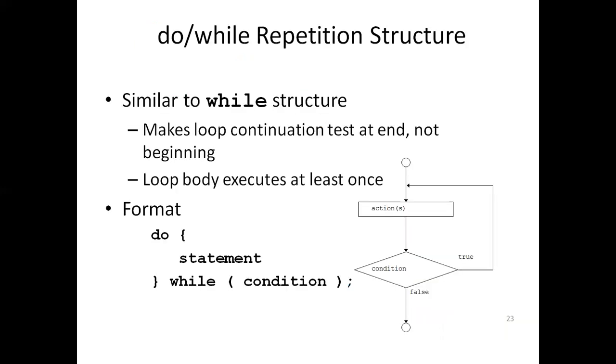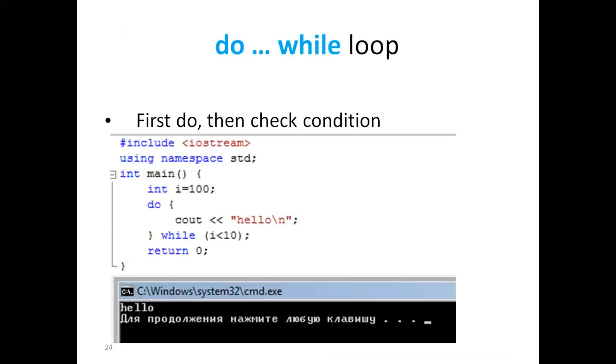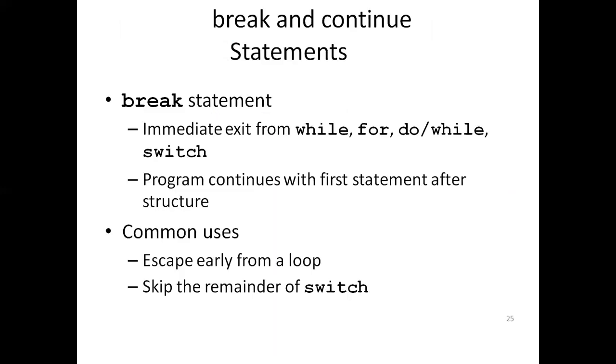Then we also introduced do while, and we compared it as well. But here is another kind of keyword: break and continue. These are very frequently used in this iteration process.